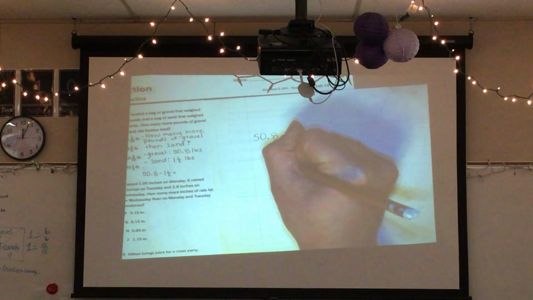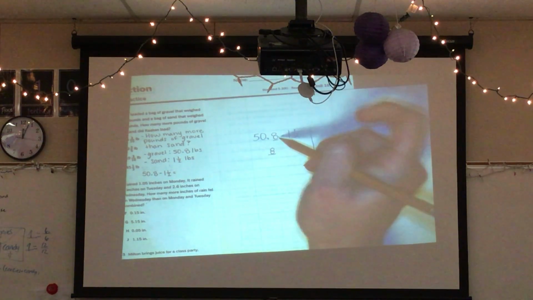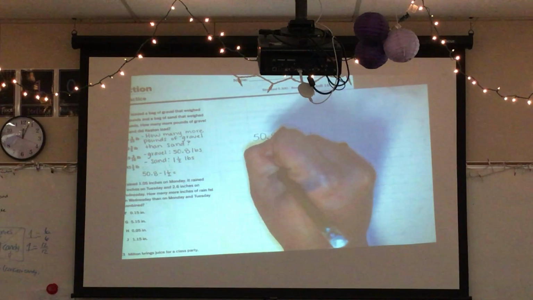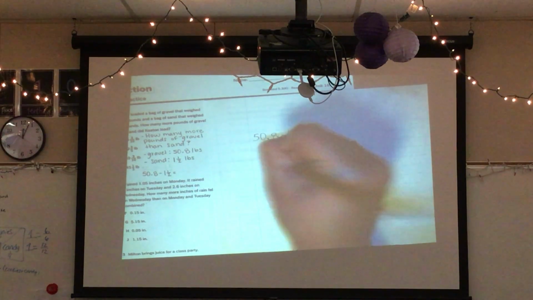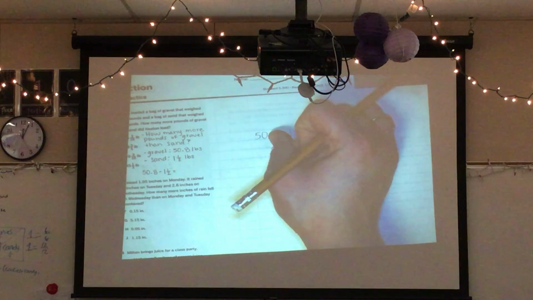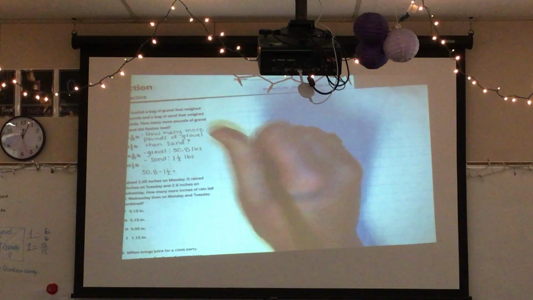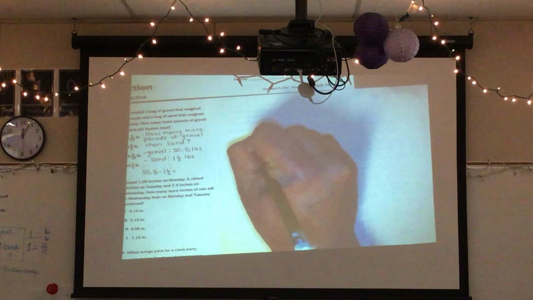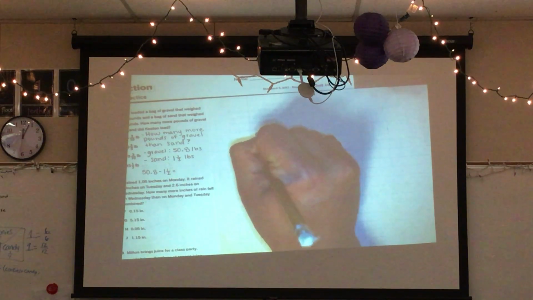No, what place value is this 8 in? Tenths, so 10 is my denominator. My whole number stays the same. The number before the decimal point is the whole number part of my mixed number.